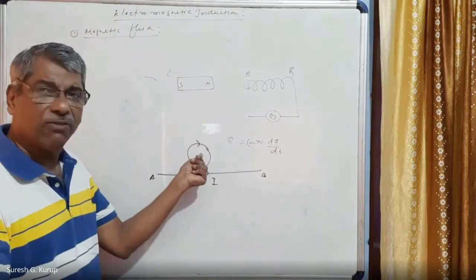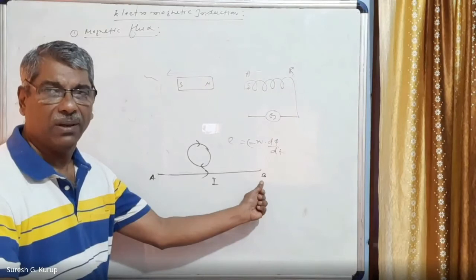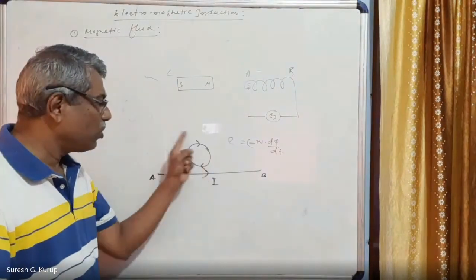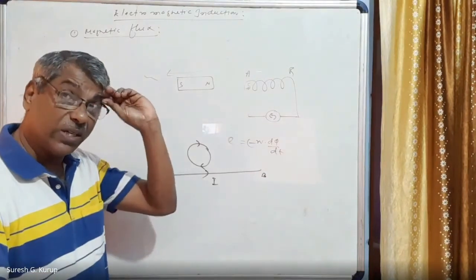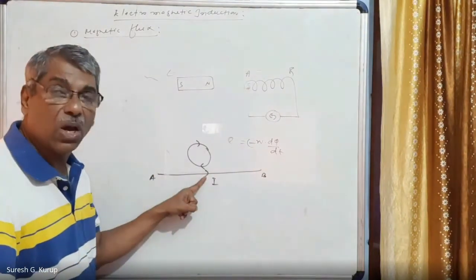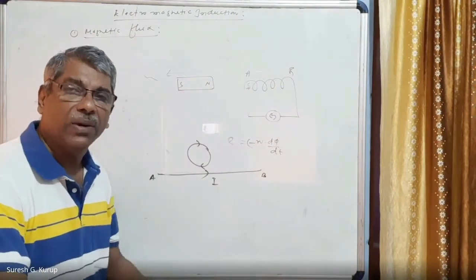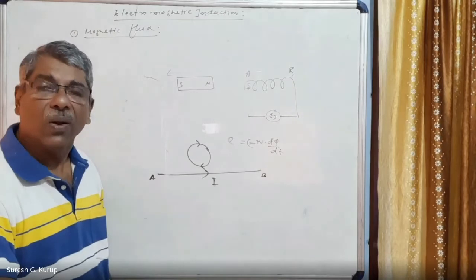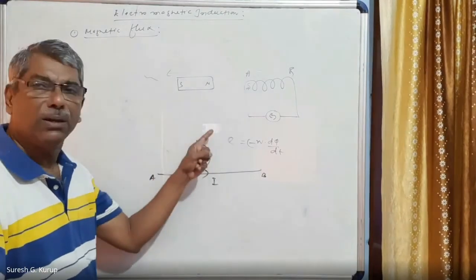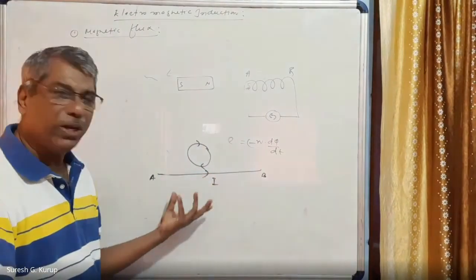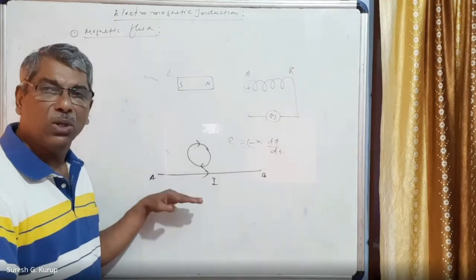Why is magnetic flux produced here? Because of the increasing current in this wire AB. So in this case, the current will be in the clockwise direction. Why clockwise? Because then the directions are opposite to each other. So in terms of current also we can explain Lenz's law. The coil is placed very near the wire carrying current, and the current in the wire is increasing.